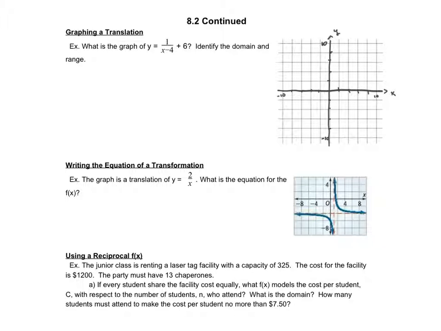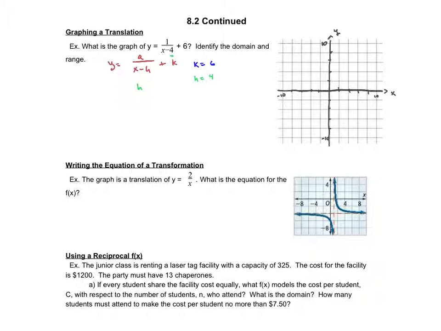Okay, so graphing a translation. So again, y is going to be equal to a over x minus h plus k. So in this equation, we know that k is equal to 6, and we know that h is going to be equal to 4, right?